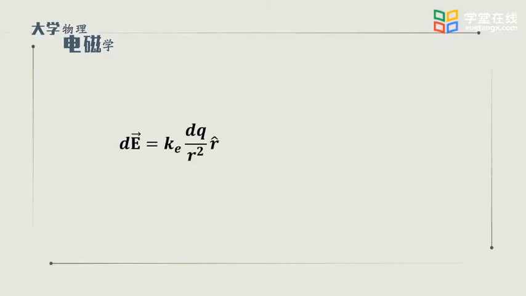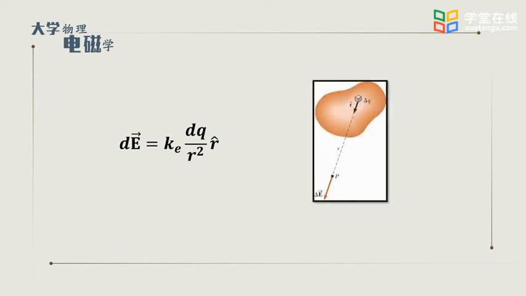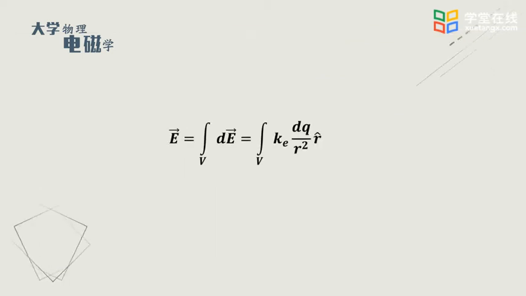The electric field at P due to dq is expressed by this equation, where r is the distance from the charge element to point P, and r hat is a unit vector directed from the element toward P. The total field at P can be obtained by integrating this expression. But please note, this integration is a vector operation, and you must be very careful about the direction of the contribution from each charge element.